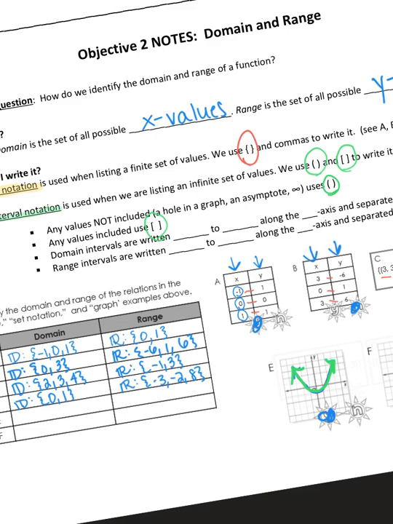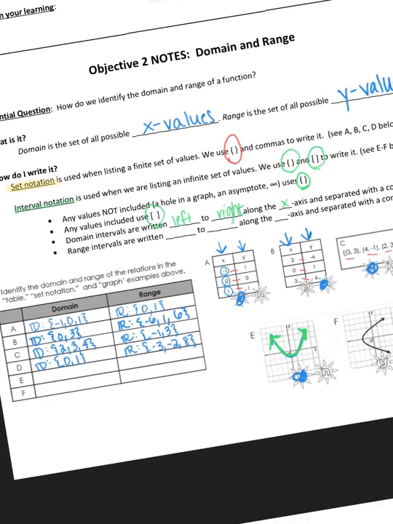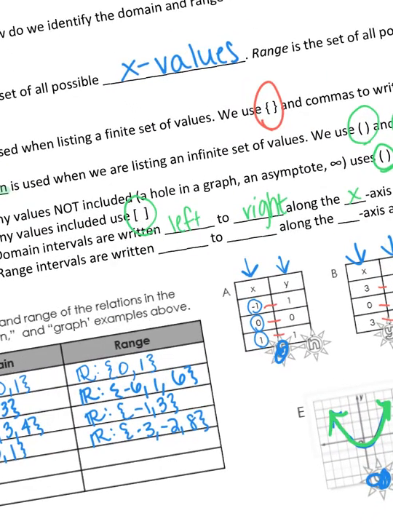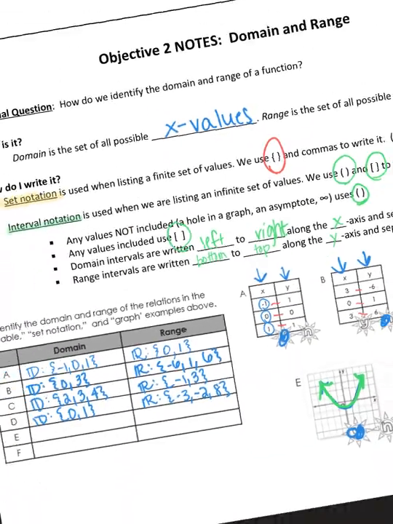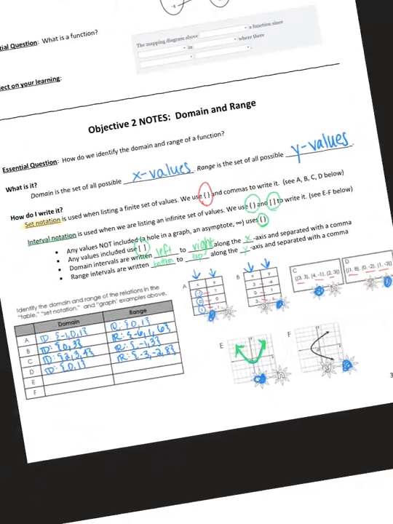Okay, remember that domain values are written from left to right along the x-axis, okay, and they are separated with a comma. And range intervals are written from bottom to top along the y-axis. And again, those two values, the low and the high values, are separated by a comma as well.